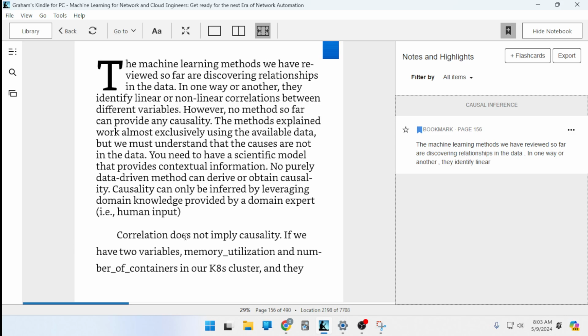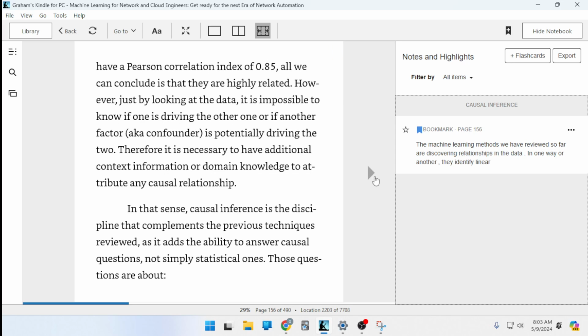Correlation does not imply causality. If we have two variables, memory utilization and number of containers in our K8 cluster, and they have a Pearson correlation index of 0.85, all we can conclude is that they are highly related.